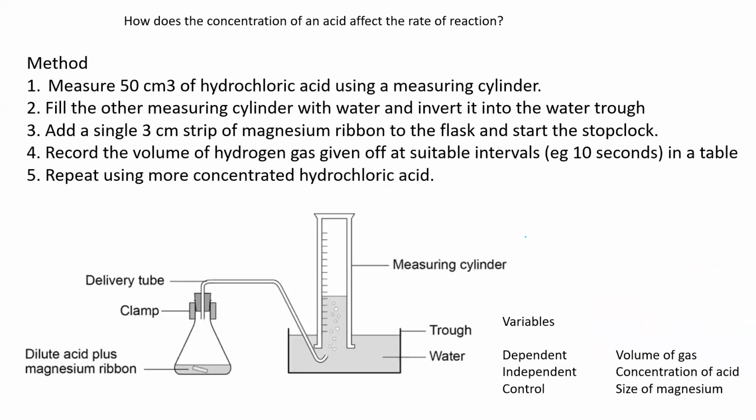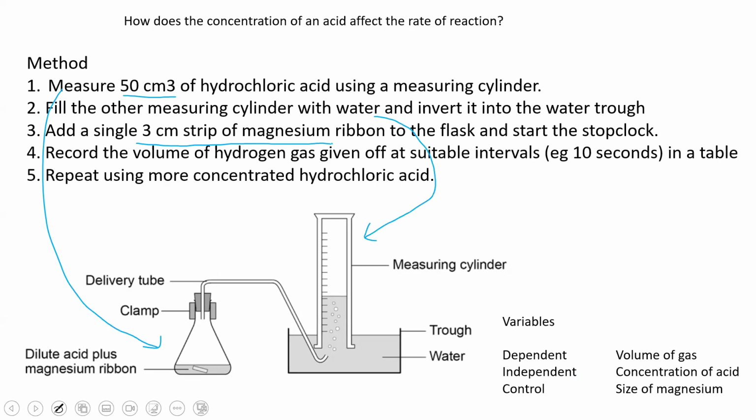Right, now what I'm going to do is go through the numbers for the actual method that I've been talking about. Measure 50 centimeter cubed of hydrochloric acid using a measuring cylinder. That goes in your conical flask. Fill the other measuring cylinder with water and invert it in the water trough. Add a single 3 centimeter strip of magnesium ribbon to the flask and start the stop clock.